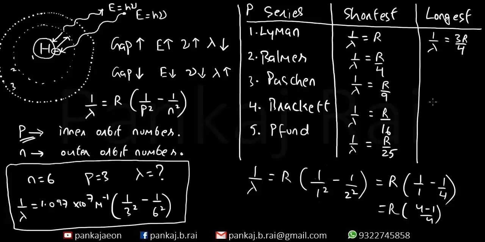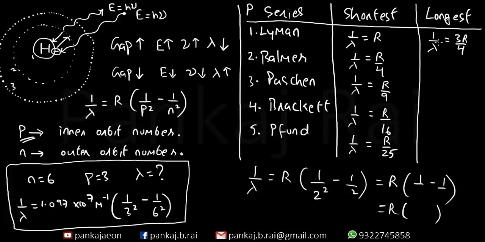So the longest wavelength of Lyman is given by the relation 1 by lambda is equal to 3R by 4. Now let us go ahead with the longest wavelength of Balmer. For Balmer the inner orbit has to be 2, so it will be 1 by 2 square.